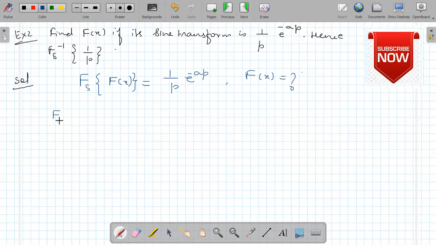By the definition of Fourier sine inverse of any function F_s(p), which is obtained from Fourier sine transform, it is defined as 2 upon pi integral 0 to infinity F_s(p) sine px dp.